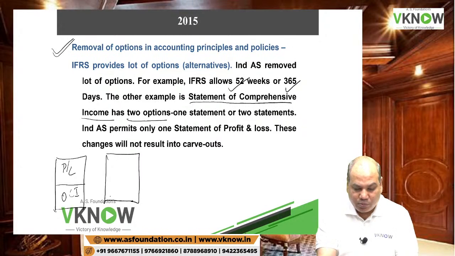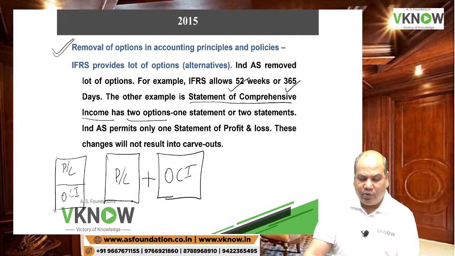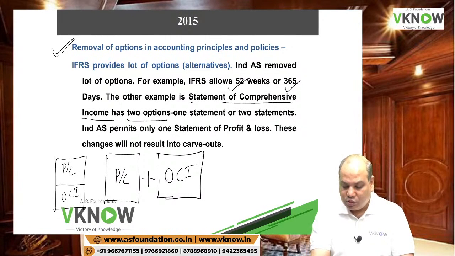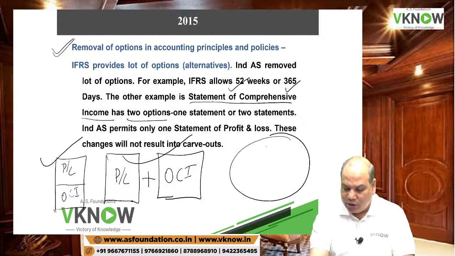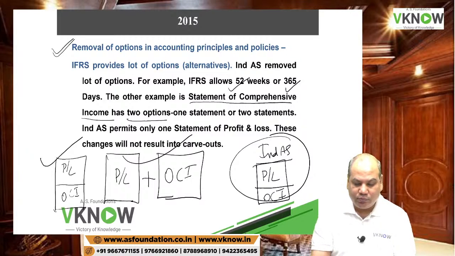Two statement options means you will have P&L account in one statement and OCI items, other comprehensive income items, in another format. So you can either show this or this. But in Ind AS, how many options do we have? Only one statement. First you will write income and expense items, and then below that you will write OCI items.